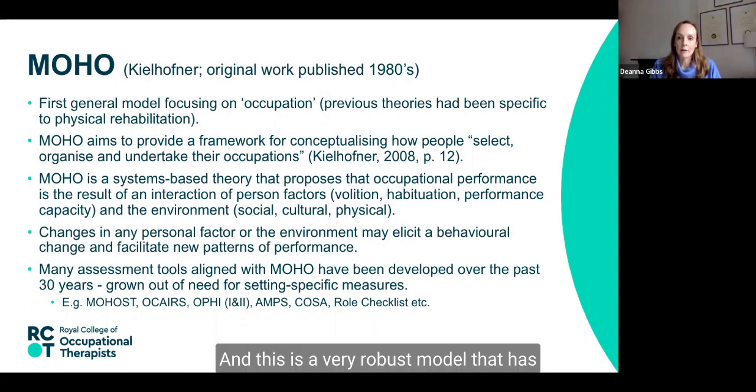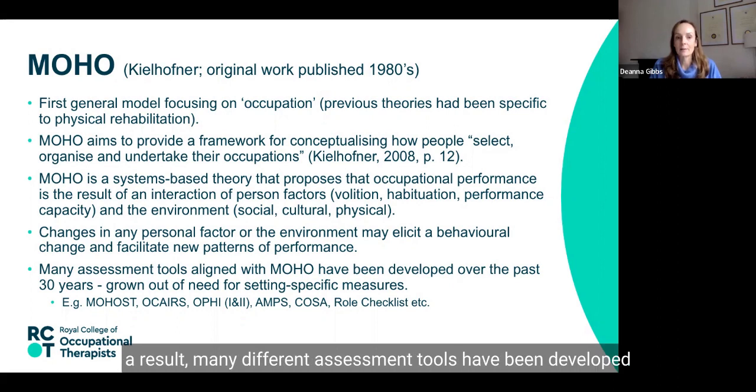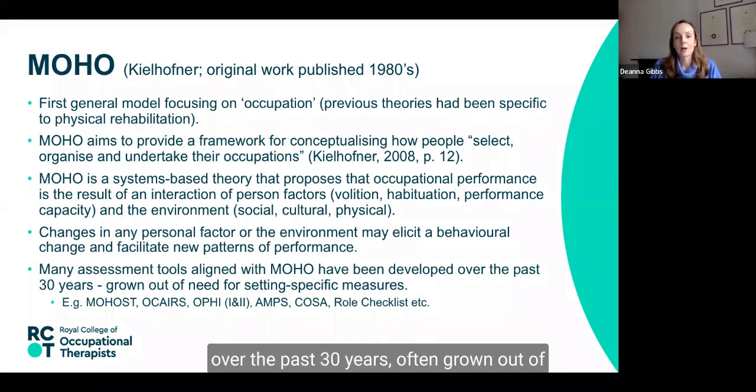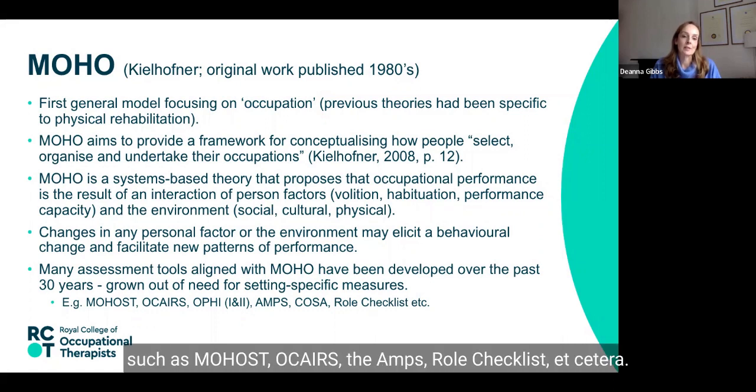This is a very robust model that has been applied to many, many different settings. As a result, many different assessment tools have been developed over the past 30 years, often grown out of a need for setting-specific measures. But some you may be familiar with or have used, such as MOHOST, OCAIRS, the AMPS, role checklist, etc.